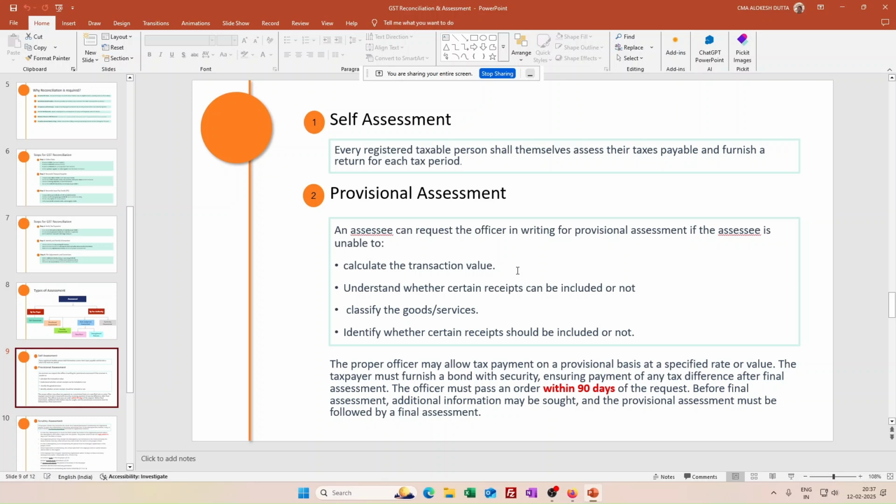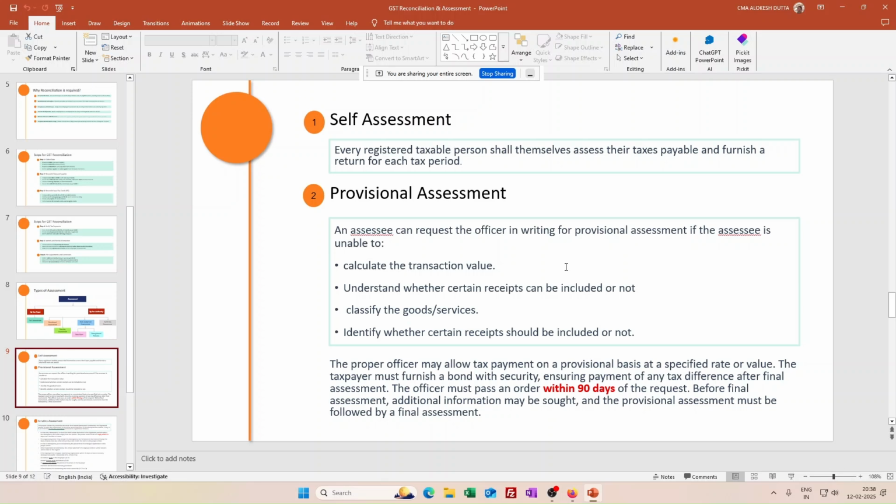There is scope for provisional assessment when there is a very complicated situation. I am giving one example. Different types of situations can arise. It is not understood what the place of supply is.